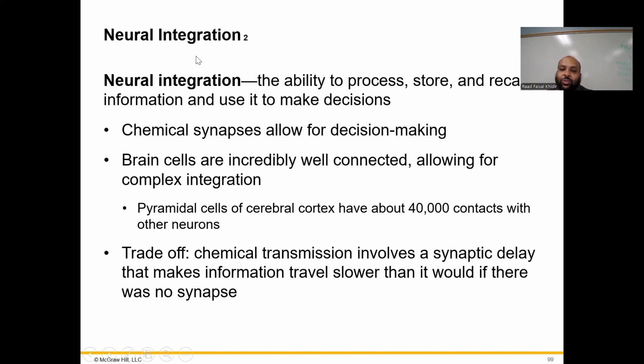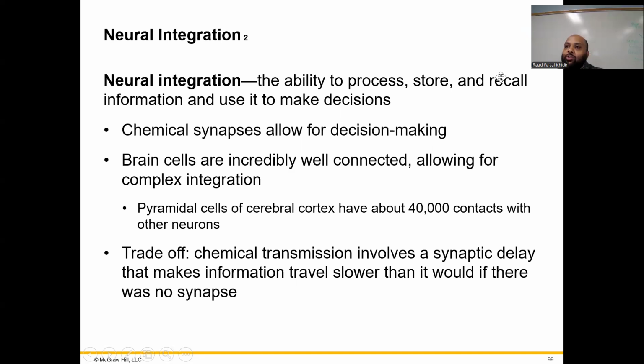Neural integration is the ability to process, store, and recall the information and use it to make decisions. So the chemical synapses allow for decision making. The brain cells are incredibly well connected, allowing for complex integration.